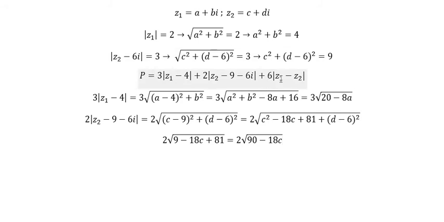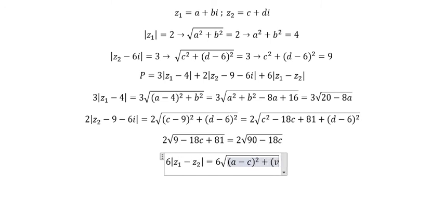And the last one. So you got 6 multiplied with the square root of a minus c square plus b minus d square. We expand 2 of them.